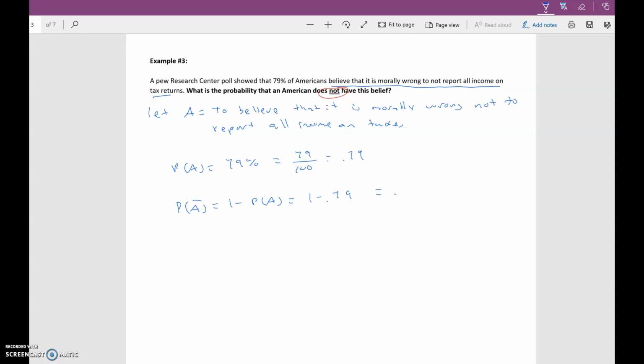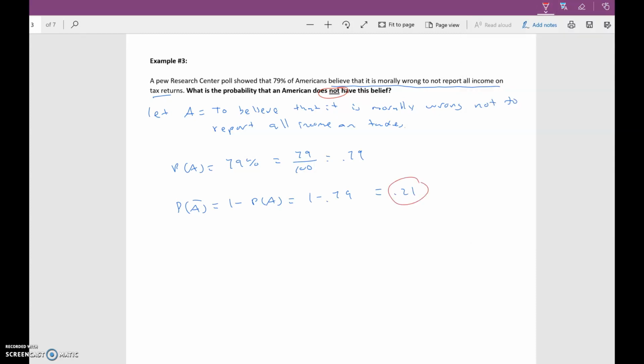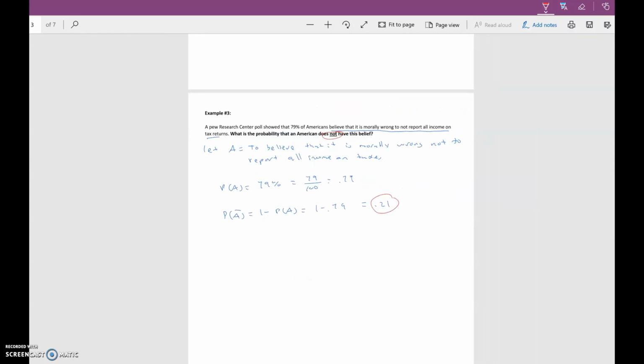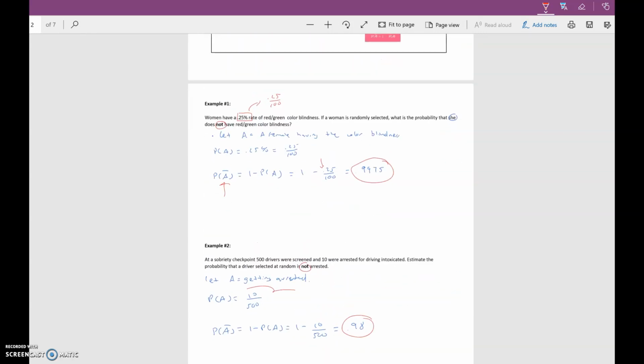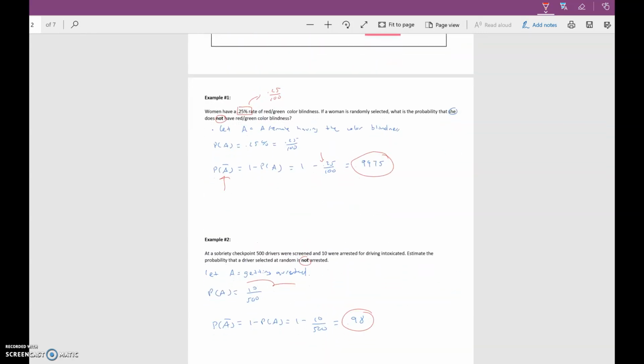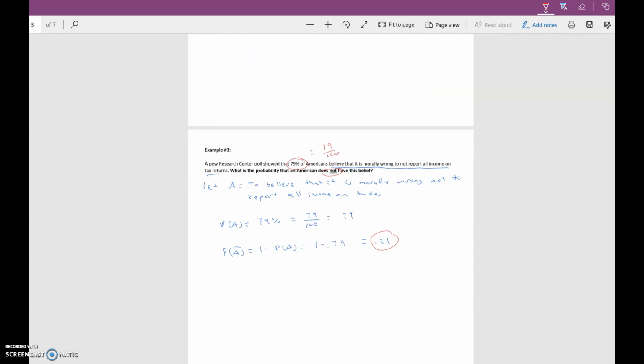I'm getting 0.21. Be a little bit careful here, because the probability is given as 79%, which is equal to 79 over 100, and don't confuse it with the very first one, which was 0.25%. This one is way bigger than that, at 79%.